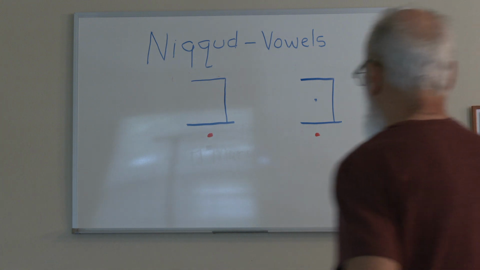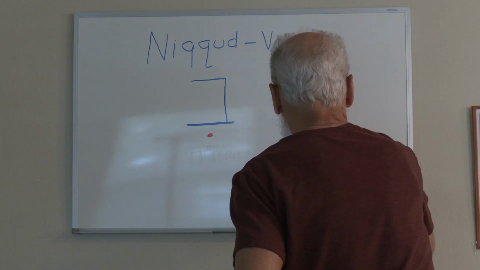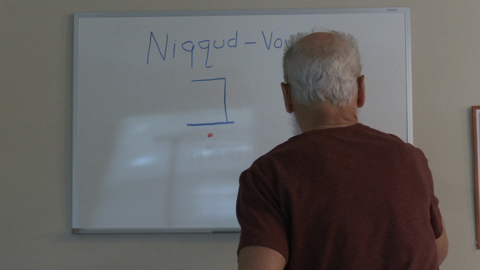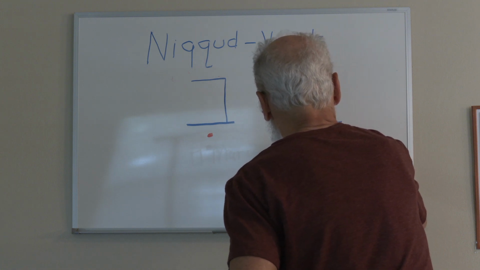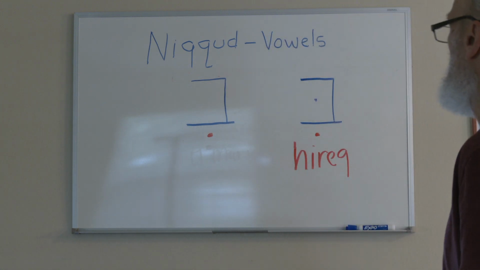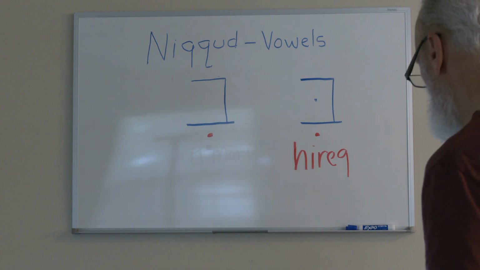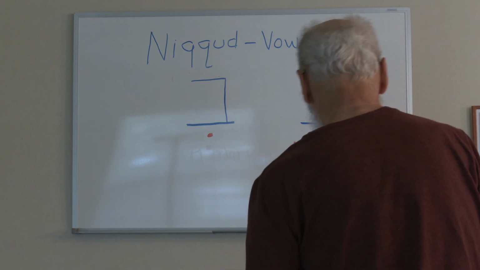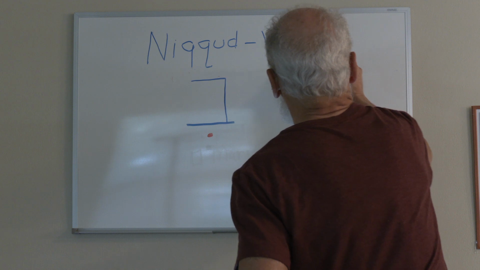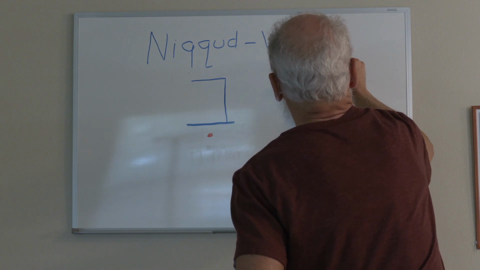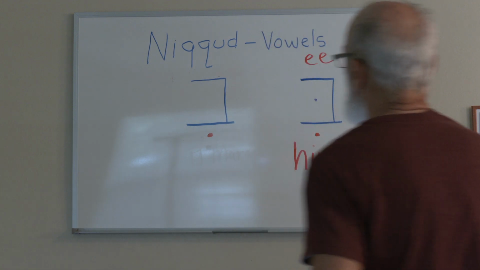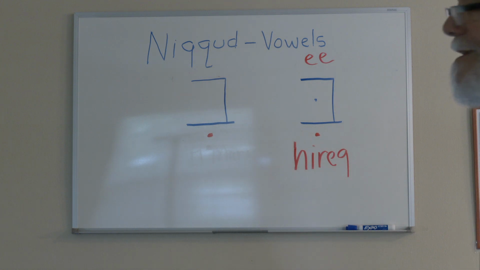It's called a hirik. That's an H. Hirik. And it makes an ee sound. Ee. So to kind of illustrate that, I'm going to write two e's there.